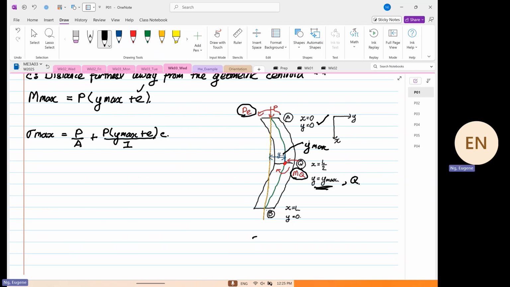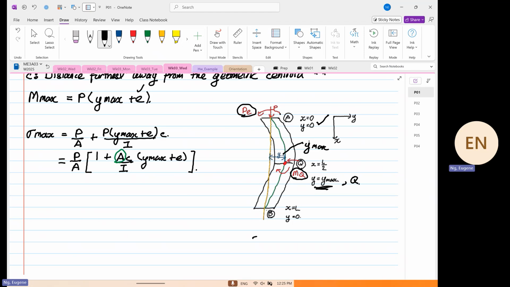Now we would like to factor out P and A. So P over A times 1 plus A multiplied by C divided by I, and then you have Y max plus E. So basically, I factor out P over A, that's why we introduce A at the numerator.